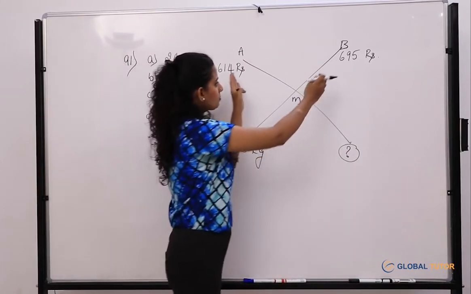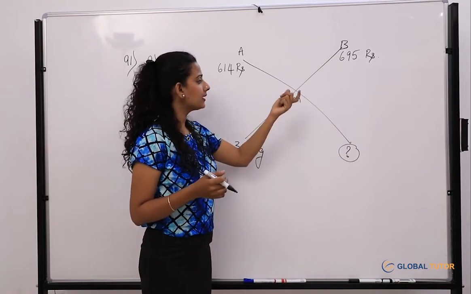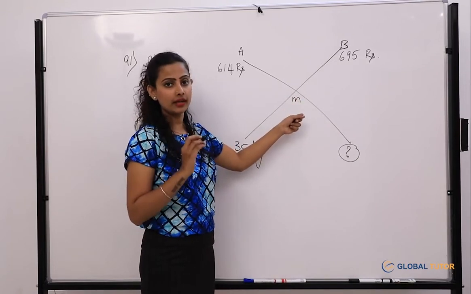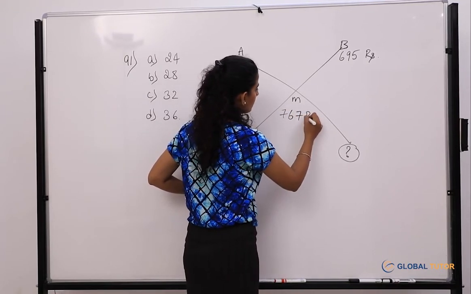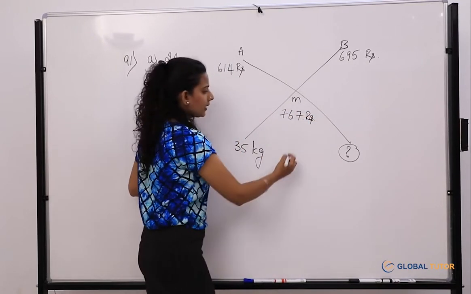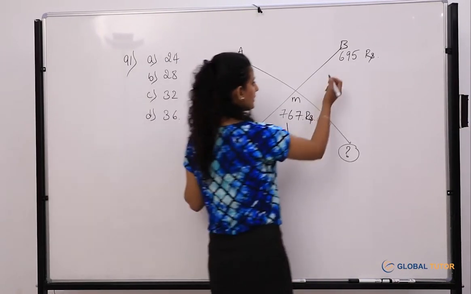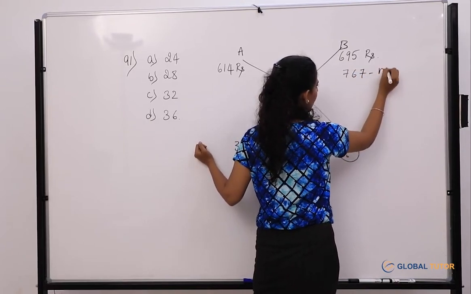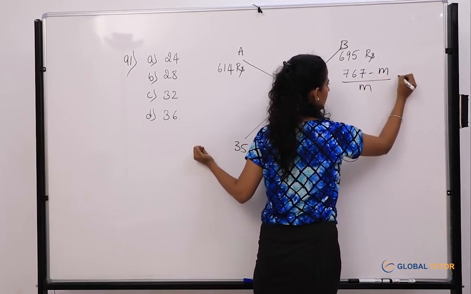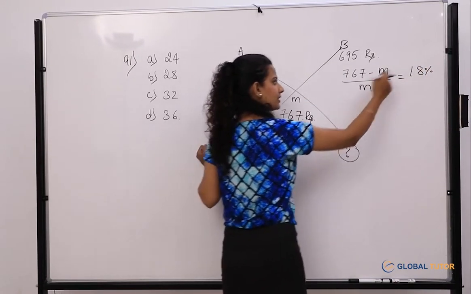Now, he mixed both these substances to get an average M, but then he did not sell it at M rate. He sold it at 767 rupees, right? And then he made a profit of 18%. So, this can be written as 767 minus M divided by M, and he made 18% of profit. So, let us shift this M this side.